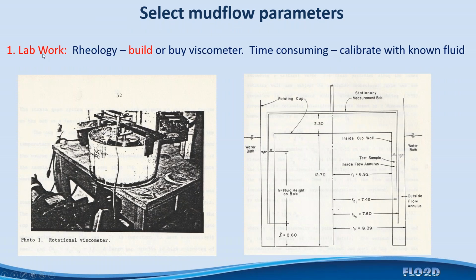Now, if you want to do the lab work, it requires you to do a measurement of the viscosity, and you have to build or buy a viscometer. This is a picture from my dissertation, and this is what I designed this viscometer to do.